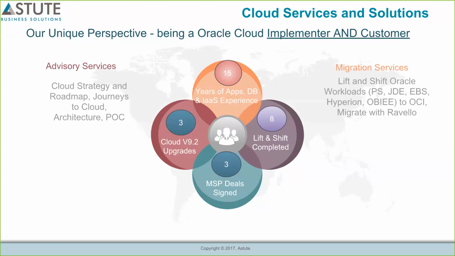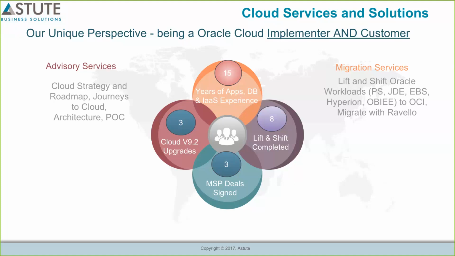Then come migration services. So once you have a solid strategy and plan in place, and once you've prioritized what workloads can be moved to cloud, we can come in and help you move those workloads to cloud. Now, we do this for multiple applications in the Oracle suite. So PeopleSoft, JD Edwards, EBS, Hyperion, OBIEE, and we use a variety of tools to do this.